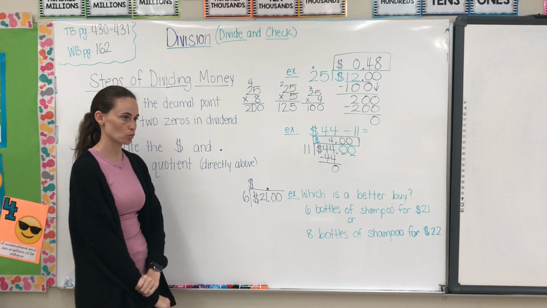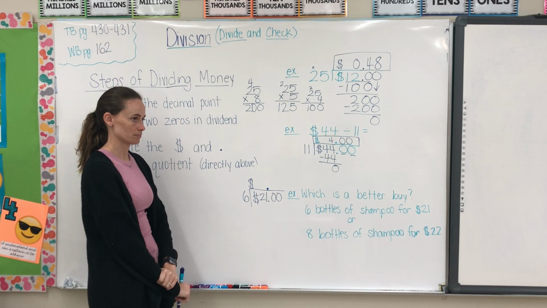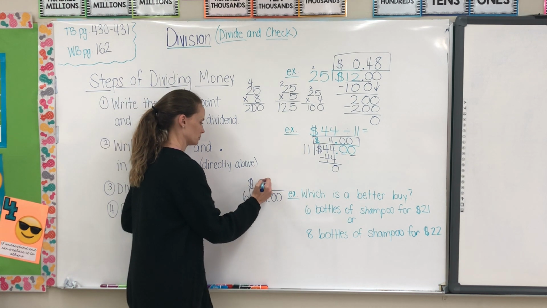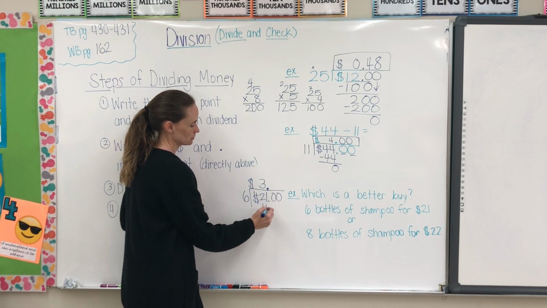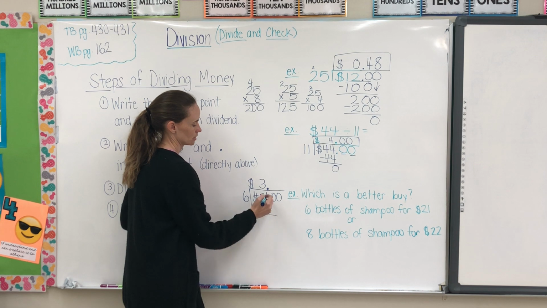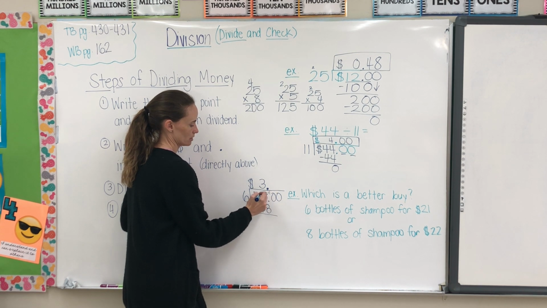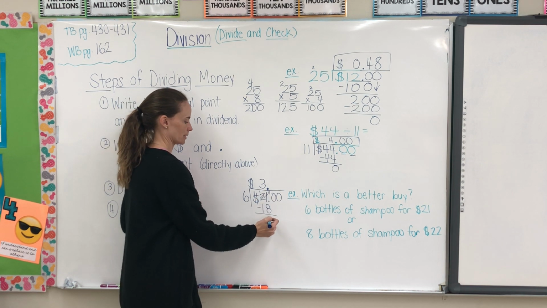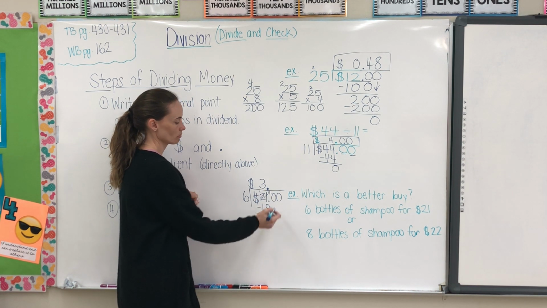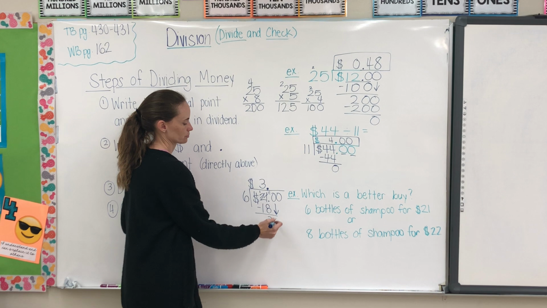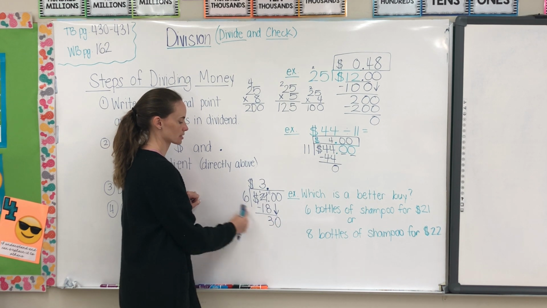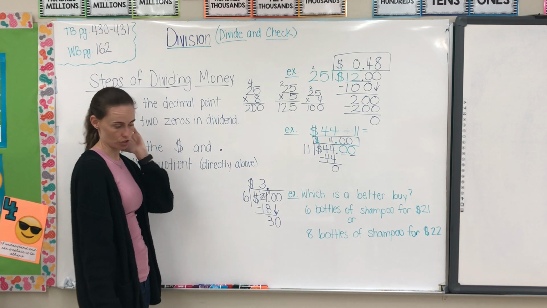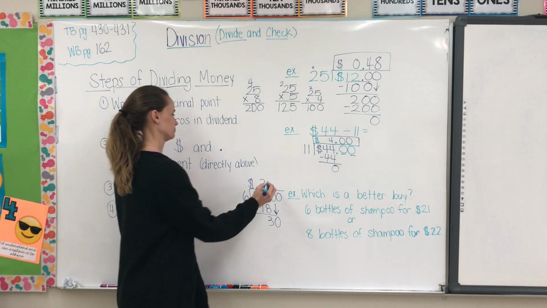6 can go into 21 how many times? 3. Good answer. Gives us 18. The 1 becomes an 11. The 2 becomes a 1. We subtract. 11 minus 8 is 3. We bring down a 0. 30. 6 times what gives us 30? 5.